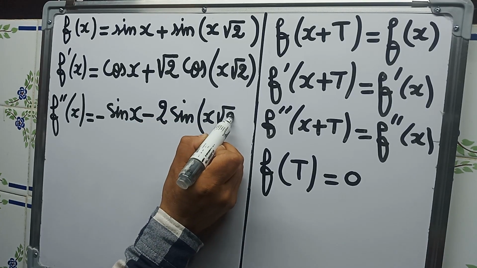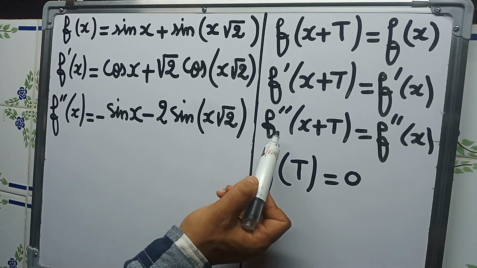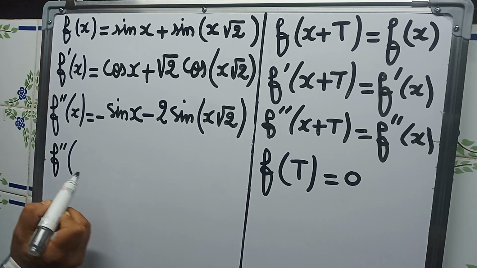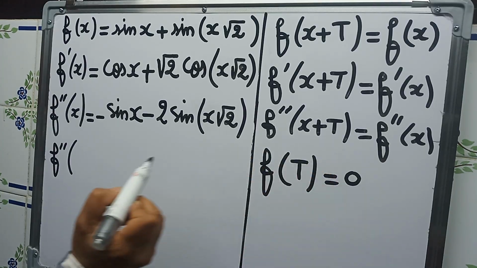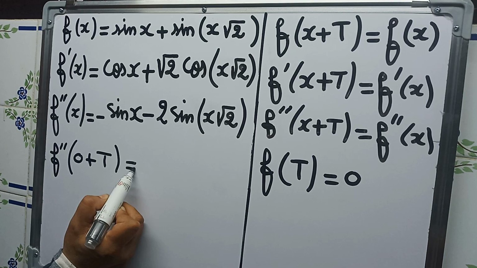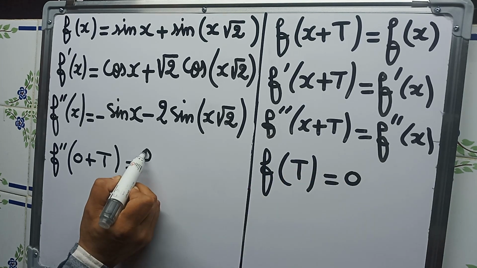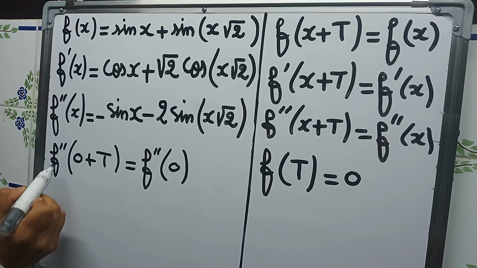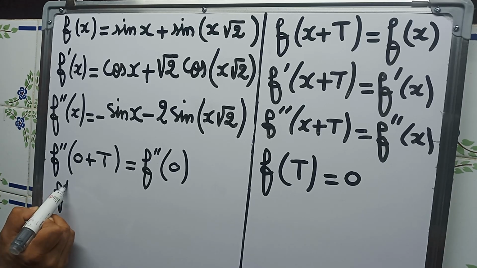And now from here we have f double prime of 0 plus t, with x equals 0, is equal to f double prime of 0. And of course this is f double prime of t.